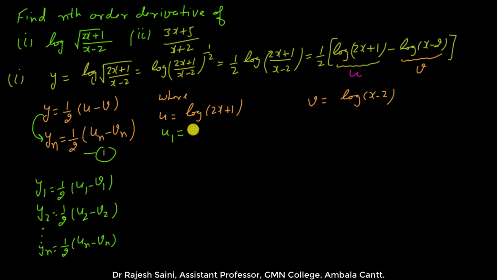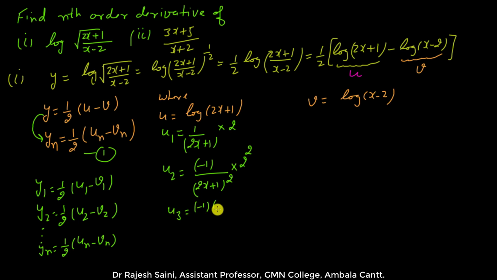You will find u1, this will be 1 by (2x plus 1) into 2. Now you will again differentiate, it will be minus 1 into 2 squared divided by (2x plus 1) raised to the power 2. One more time we will differentiate, it will be minus 1 minus 2 into 2 raised to the power 3 divided by (2x plus 1) raised to the power 3.